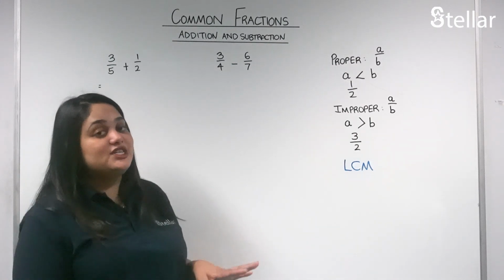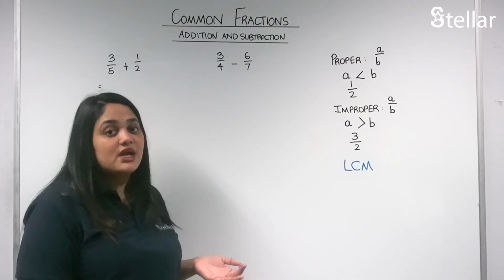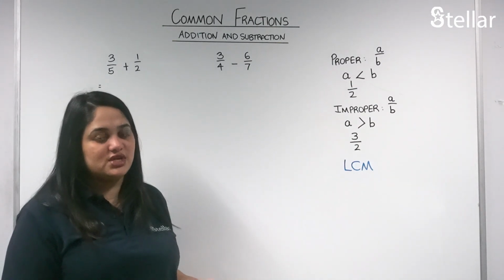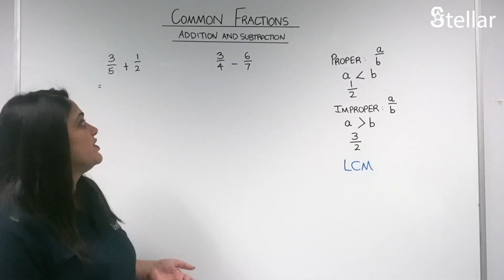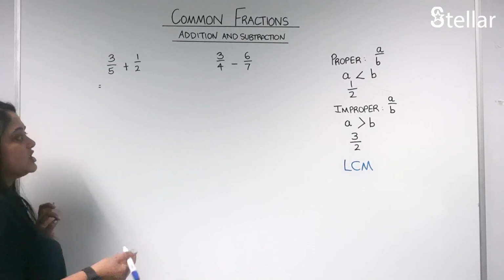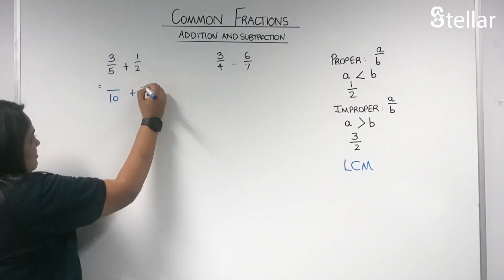Now, I'm going to teach you a really quick rule that you might know or you might not know. All you really need to do is multiply the two denominators together. So for example, 5 times 2 is 10. So I should have a number over 10 plus a number over 10.